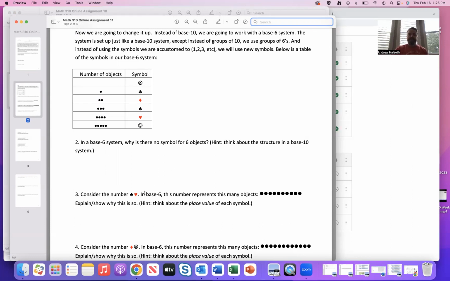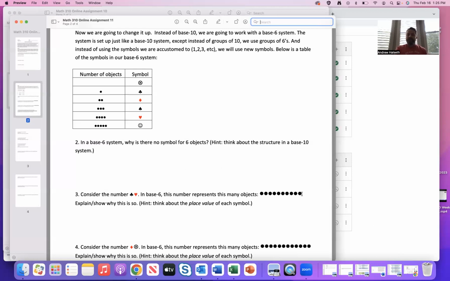Because if you think about base 6, okay, the first value here, that's the 1's place. But now the next value, that's not a tens place, right? It's a sixes place. So this is how many groups of 6 you have. So that represents 6, and this represents 4, right? So you have a group of 1, 2, 3, 4, 5, 6, and then 4 left over.